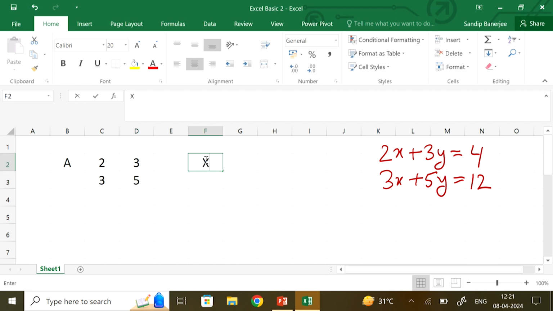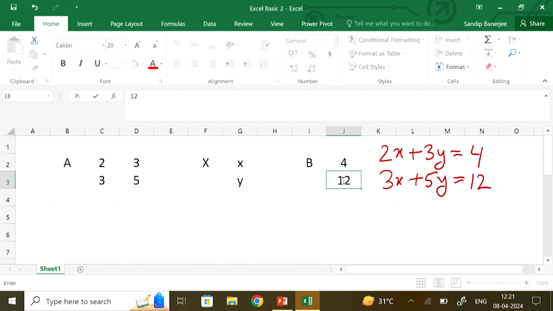By x, they are x and y, and by capital B, they are 4 and 12. So, the first thing is I need to find what is my A inverse.